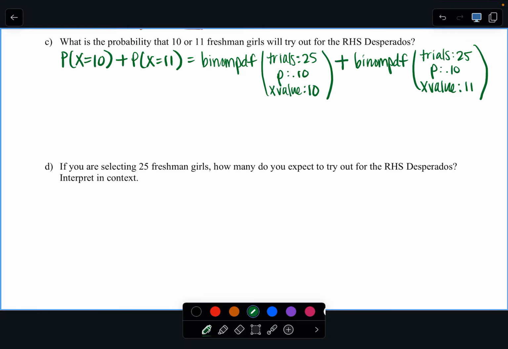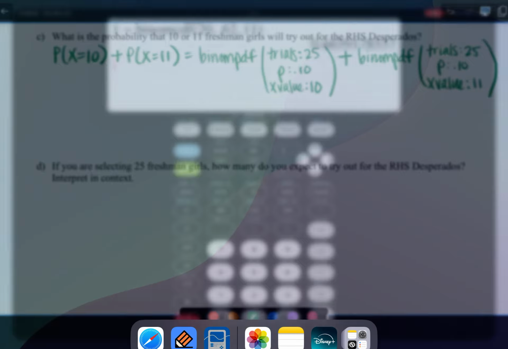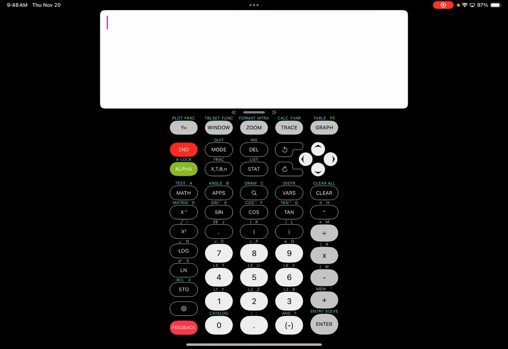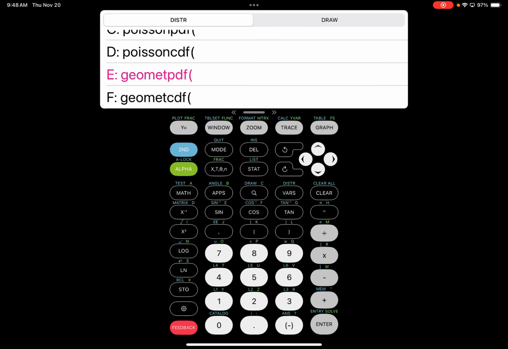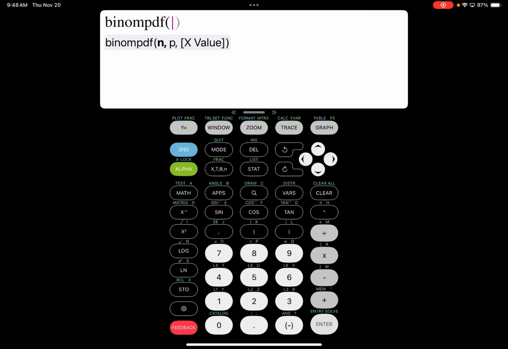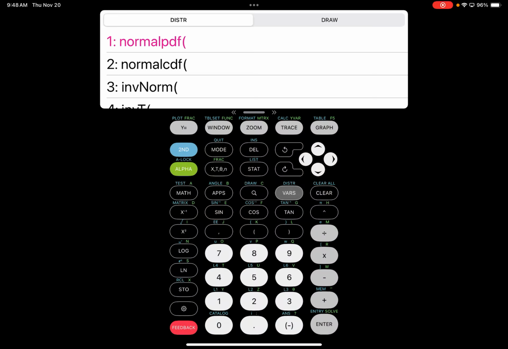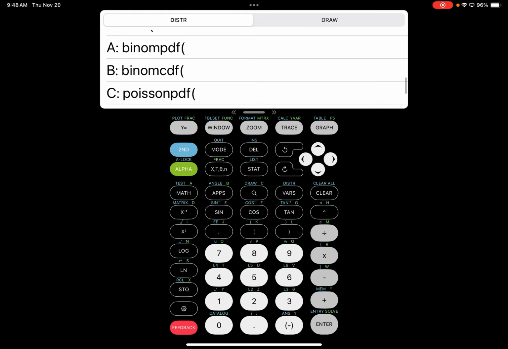Now, I go to my calculator, I plug it all in. You do actually get something kind of weird. If I go in 2nd VARS, binomial PDF 25, 0.10, 10, I actually just add them together in the same line. You can do it separately and add them together. It doesn't make a huge difference in terms of the math.